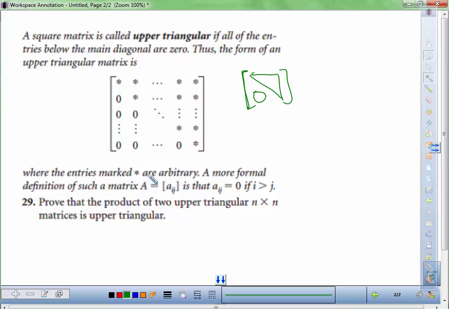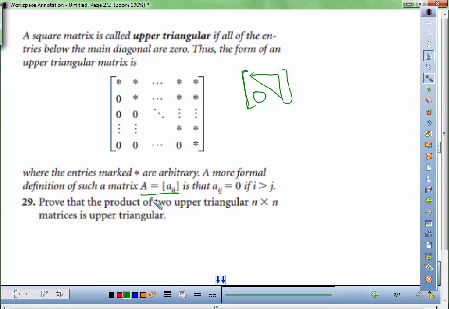Yeah, it seems like we could do it with a picture, but I was interested in doing it with the ij business that's upper triangular. Well, hopefully. I don't know where this is going to go, but let's try it.